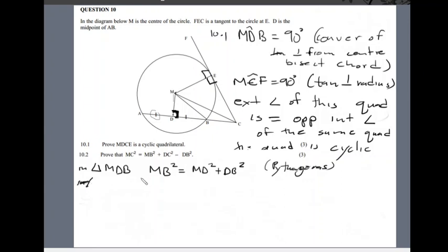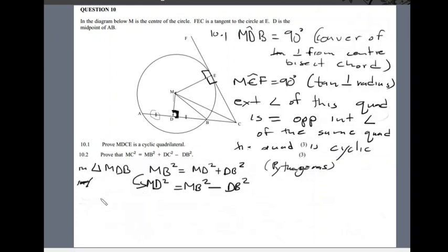So from this I can see MD squared is equal to MP squared minus DB squared, right? Because we will use it somewhere.